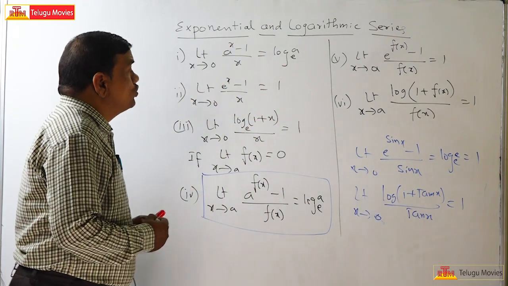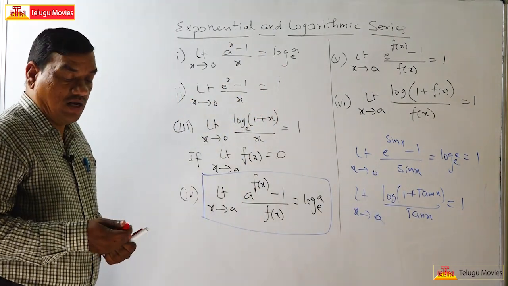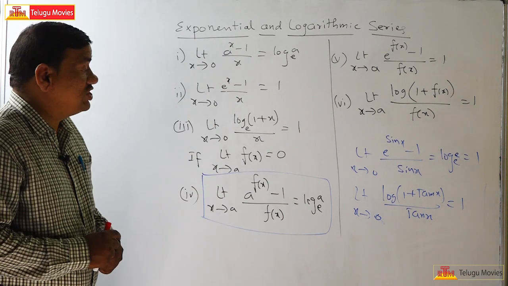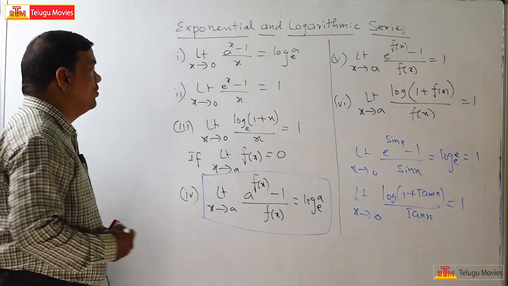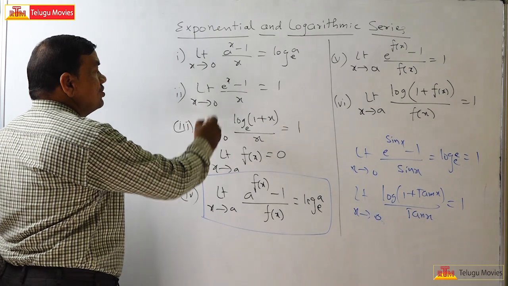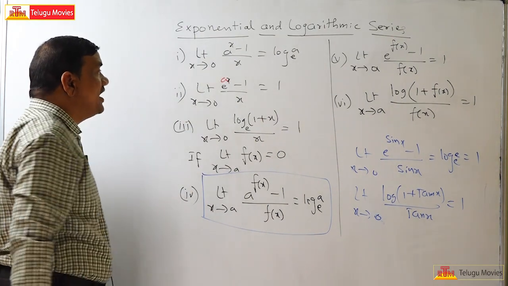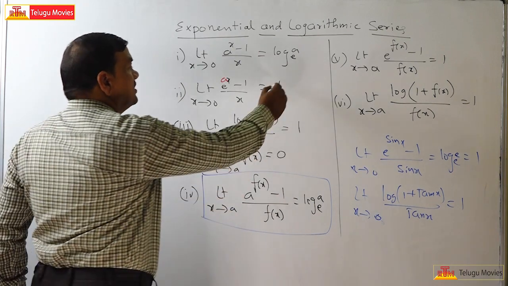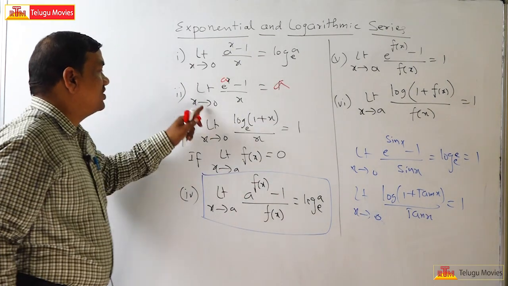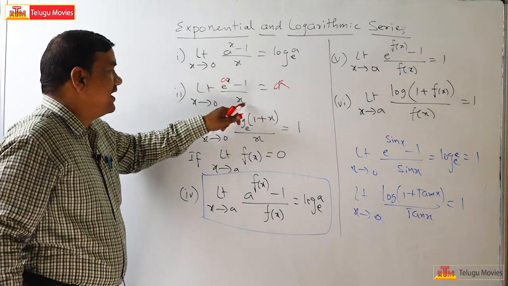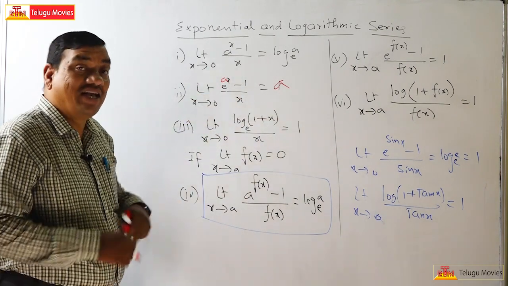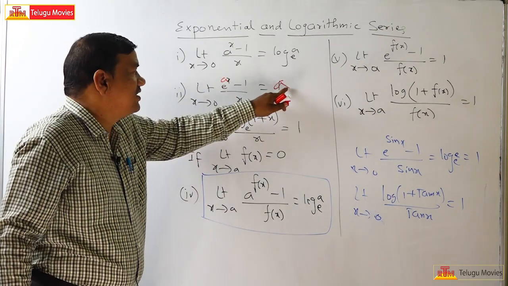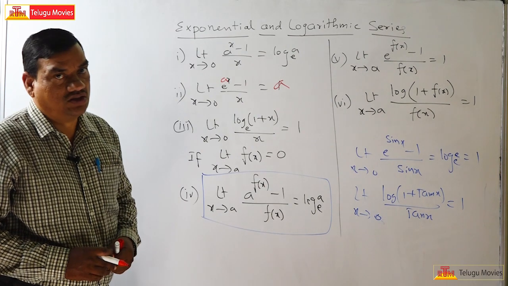Using these formulas, we have some extension formulas also. For example, limit x tends to 0, (e^ax - 1)/x is equal to a. If it is e^kx, the x coefficient will come as the answer.